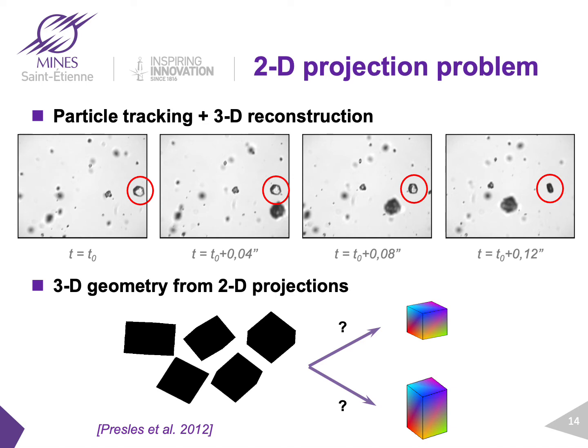The question is, what is the real 3D object? Is it a cube here, or more a parallelepiped shape? And so by measuring some geometrical and morphometrical information, and by using some maximum likelihood estimation, it's possible to identify the most probable shape.